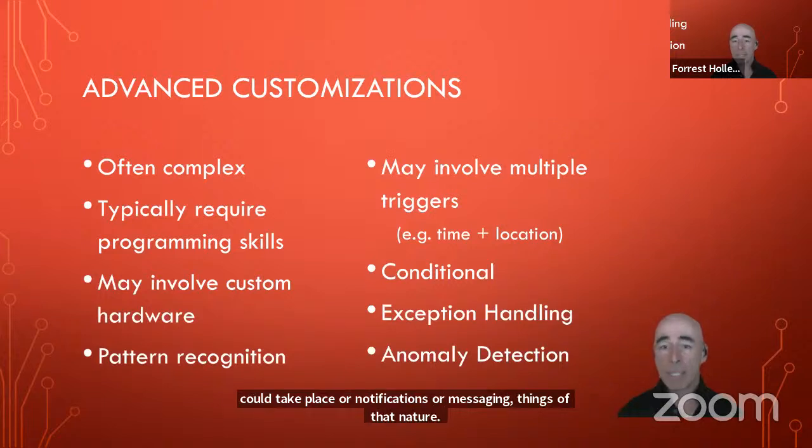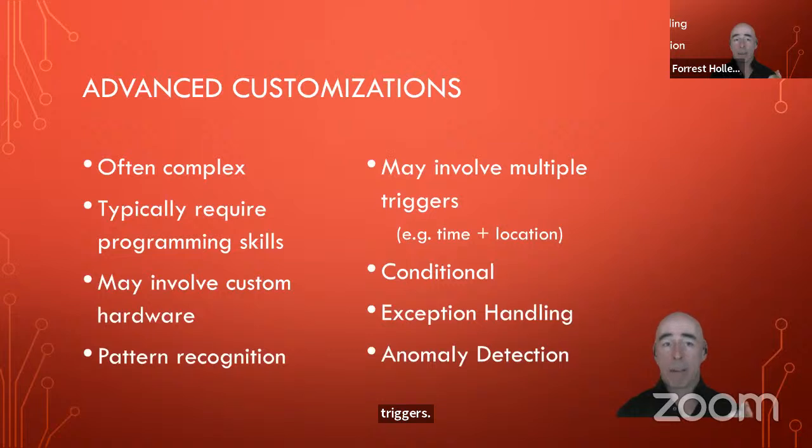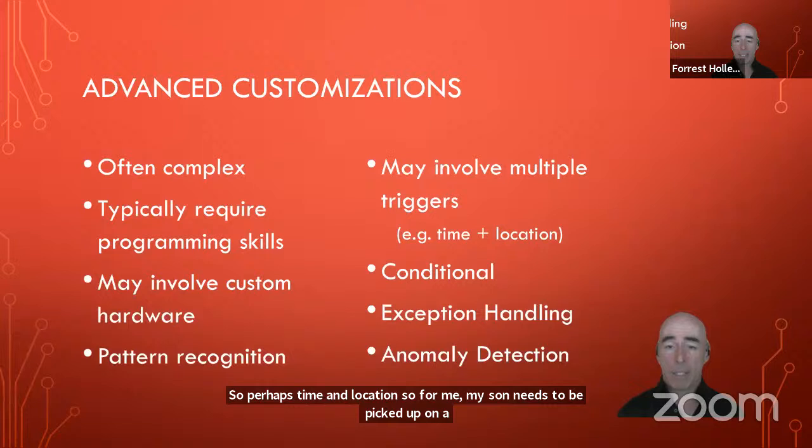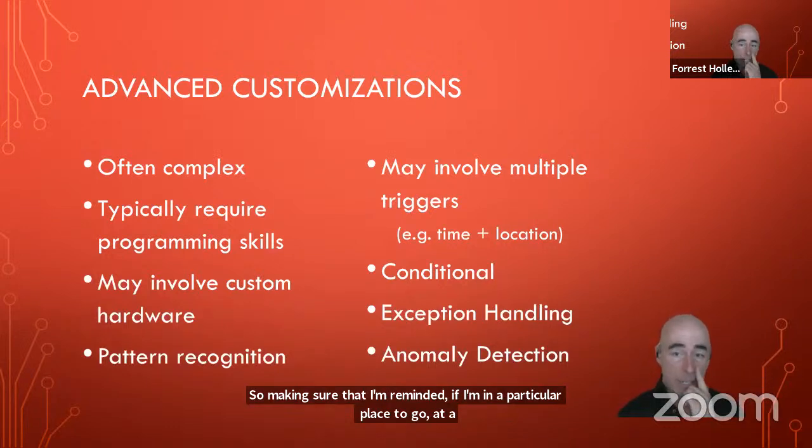Oftentimes, advanced customizations involve multiple triggers. So perhaps time and location. For me, my son needs to be picked up on a Friday at 1:30, 3 on most days. So making sure that I'm reminded, if I'm in a particular place, to go at a particular time to pick my son up is a very convenient thing for me.